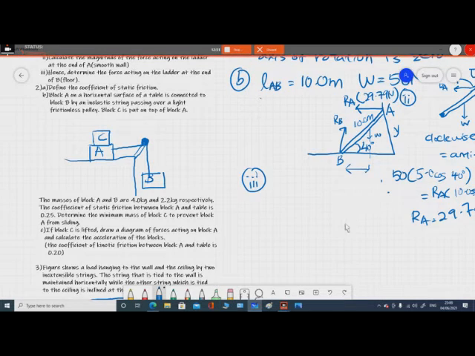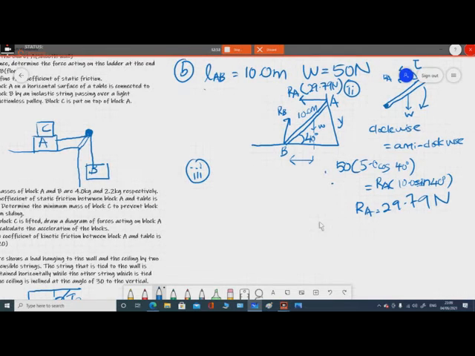So we know that RB is a resultant force which consists of a vertical component and a horizontal component. So we have RA, and RB, so RB sine theta, and this one is RB cos theta.